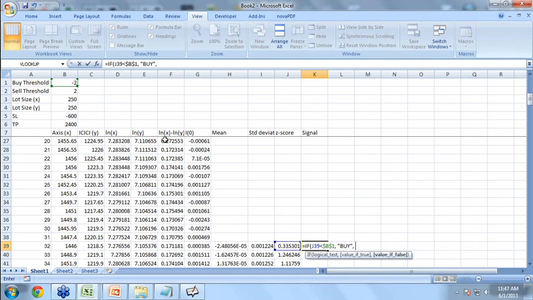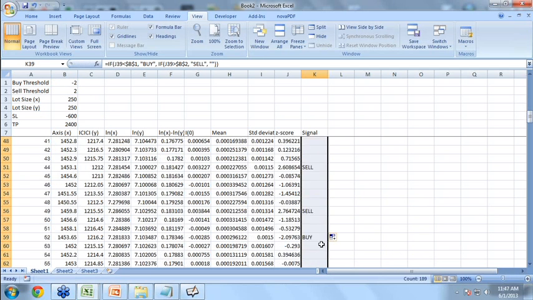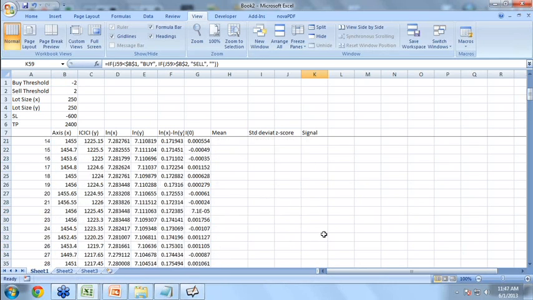Okay. If J39 is greater than this threshold, then I would say that it's a sell pair. If it's neither, then I would do nothing. So you're getting this sell, sell, buy, forever, right?